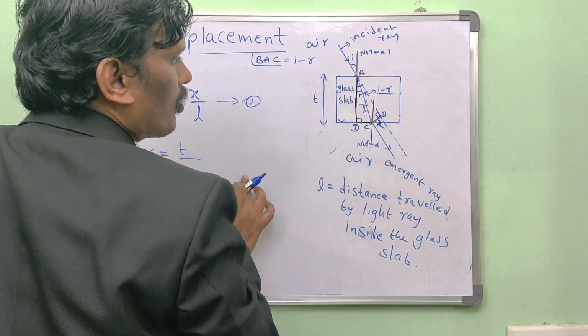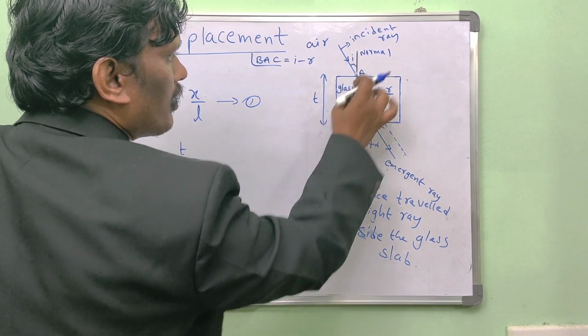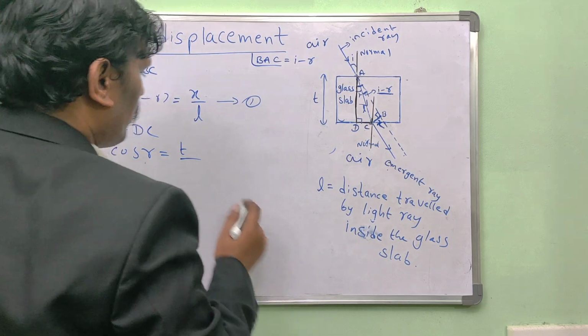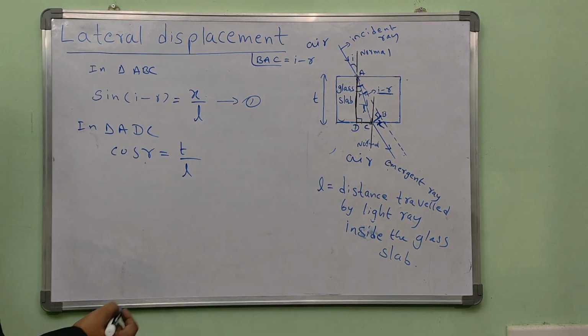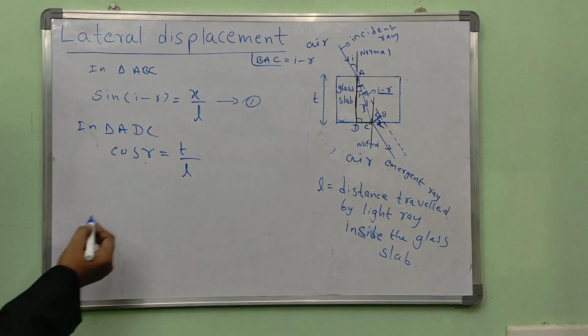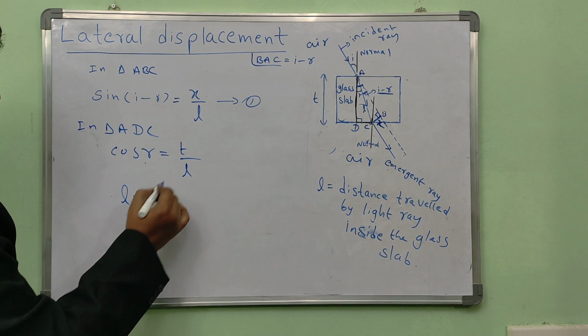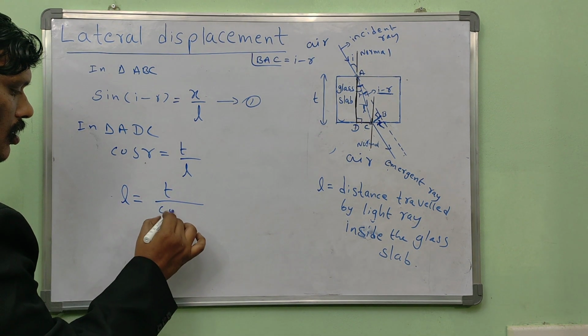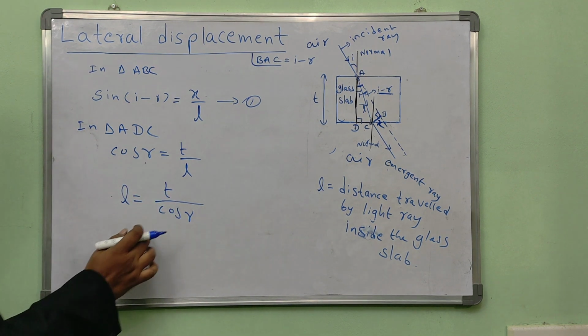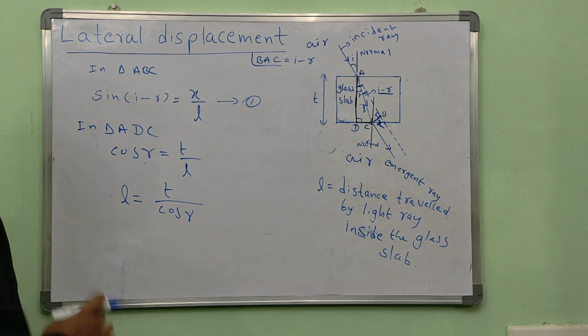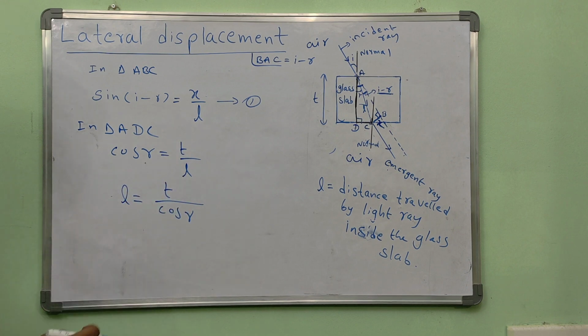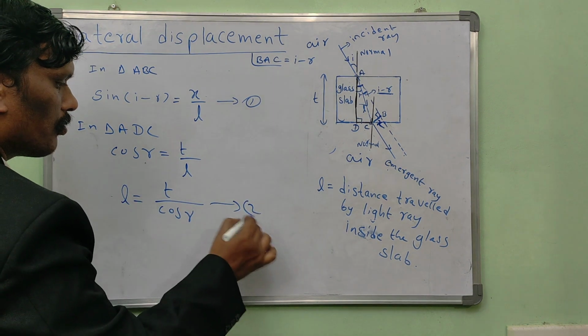That's why AC is the hypotenuse, and its value is L. From this equation, write for L: L is equal to T by cos R. This is considered equation 2.